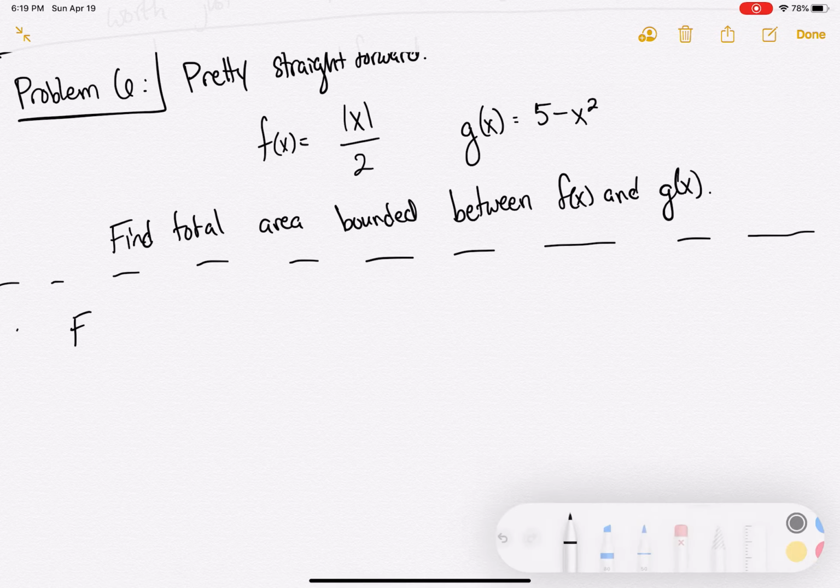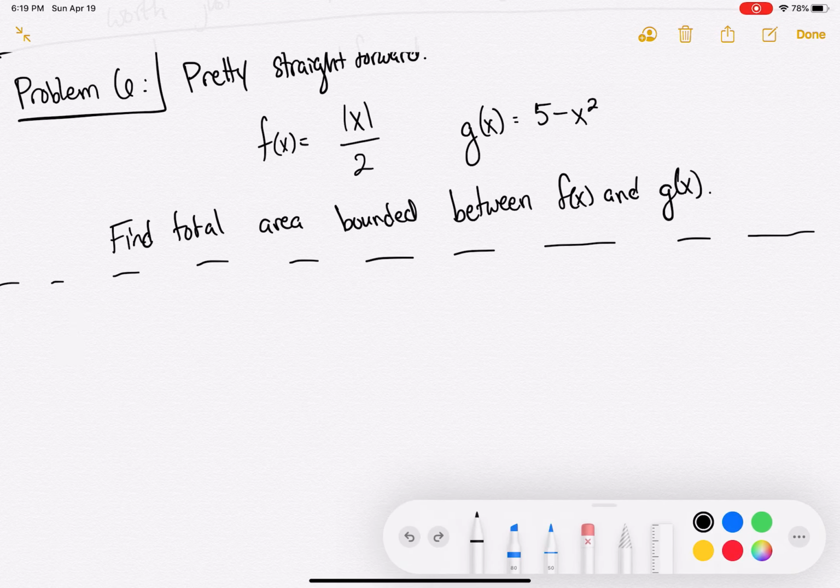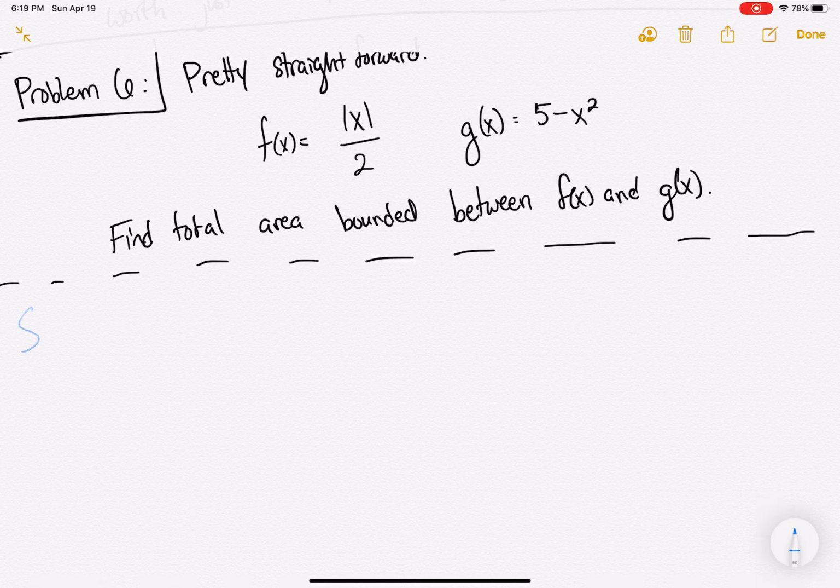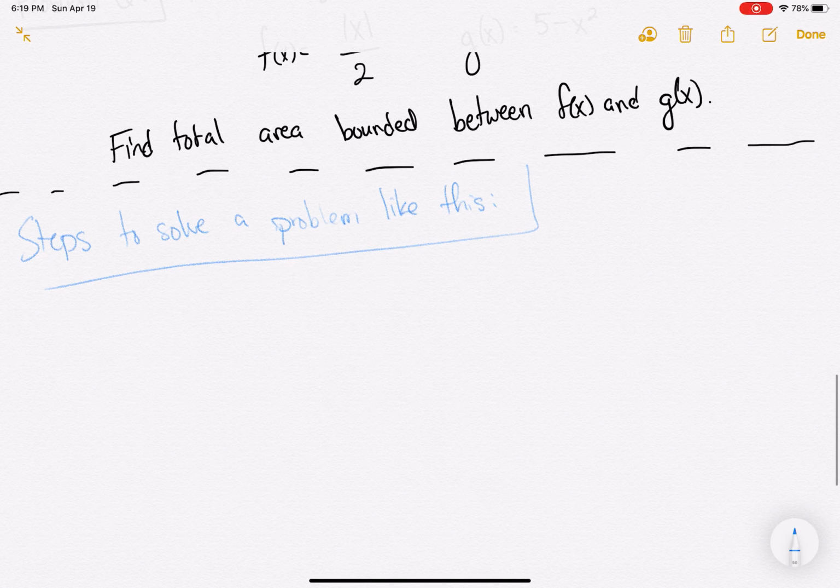Maybe I'll write it in a different color so you guys don't get it confused with me solving the problem. Steps to solve a problem like this. Step 1, find intersection points.